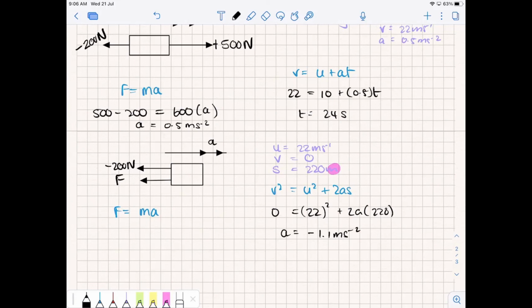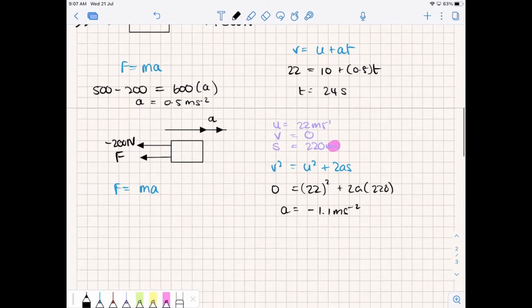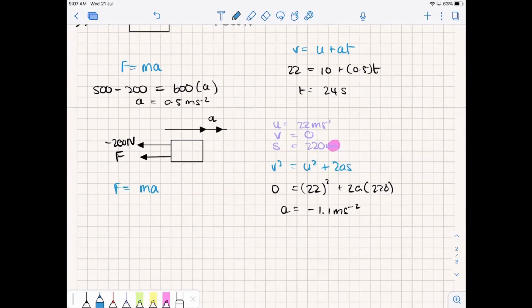Now we've got enough information to solve for this force. We need to remember that this force that we're trying to solve is in the opposite direction of the acceleration. We have minus 200 newtons. Again, it's minus 200 because it's in the direction away from the movement of the car.